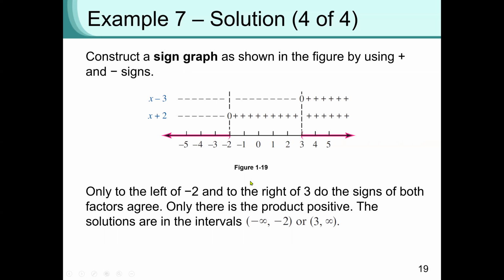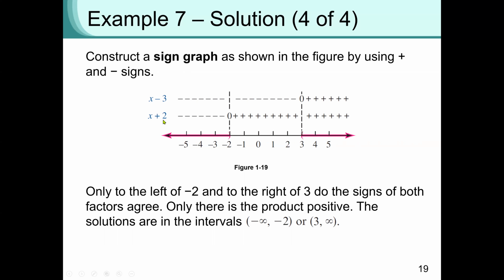Now, the only thing we are going to consider here is that the correct solution will be when the two factors have the same sign. So you can see here from -2 to -infinity, both are negative. From +3 to +infinity, everything is positive. So those are our two solutions.